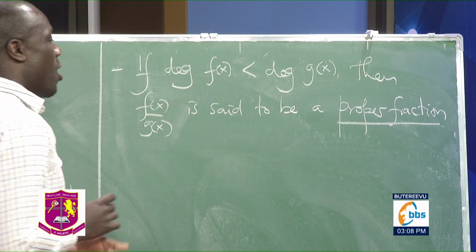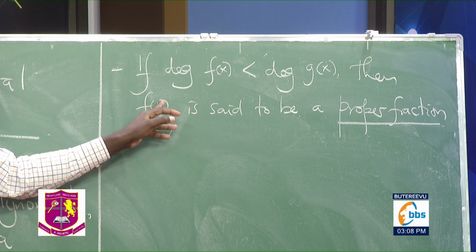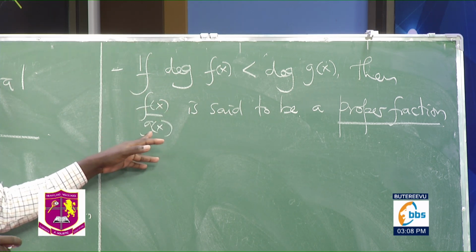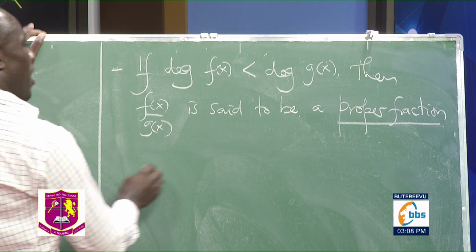So every time I talk about a rational function being proper, all I mean is that the degree of the polynomial f of x is less than the degree of the polynomial g of x.